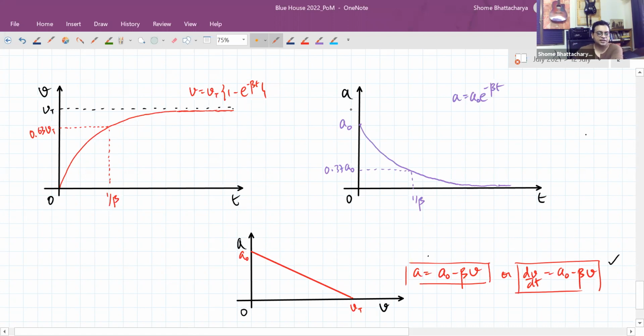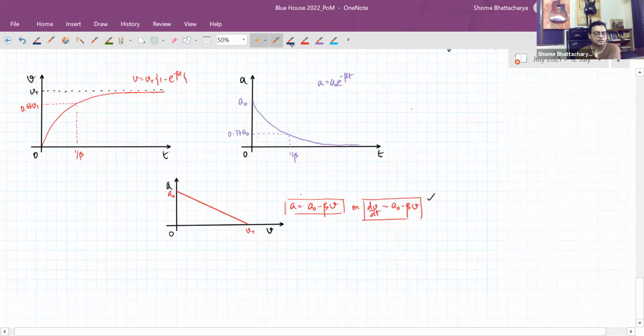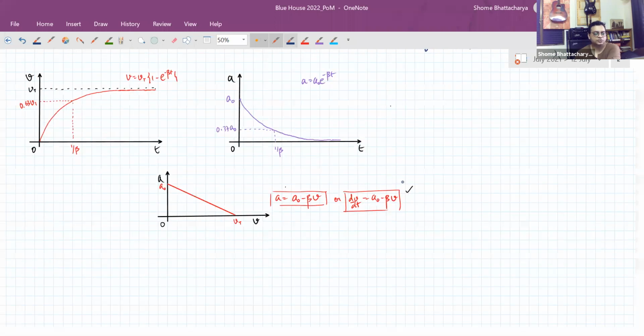It will be a decaying acceleration and the velocity will be initially increasing at a rapid rate. You can see the slope of this graph. But eventually the velocity reaches a terminal condition and the slope of the graph becomes zero. So this whole analysis is important from that point of view also, not just for Stokes law application, but whenever in kinematics we have a situation like this. This is how it behaves.